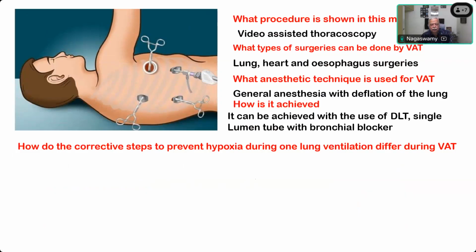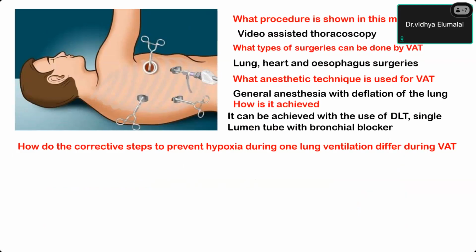What are the steps in managing the hypoxemia in open surgery, one lung ventilation? You'll administer 100% oxygen, suctioning using a separate suction.